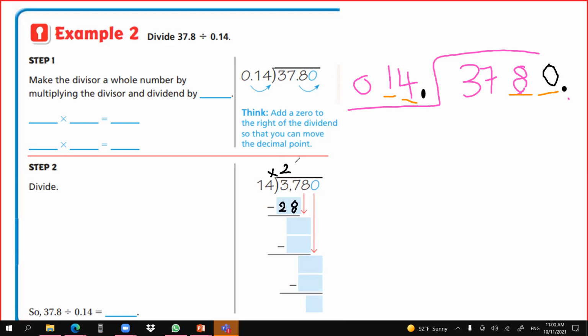Then 7 minus 8, you cannot, so this is 17. 17 minus 8 is 9. 2 minus 2 is 0.